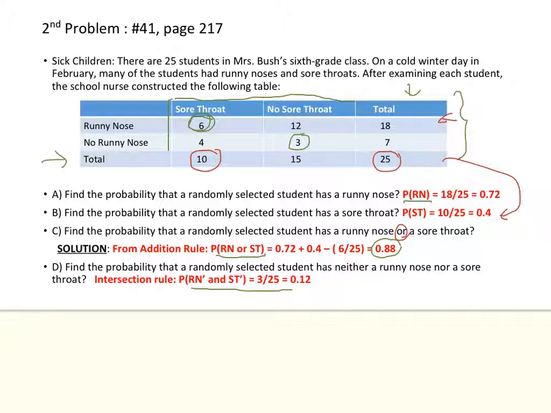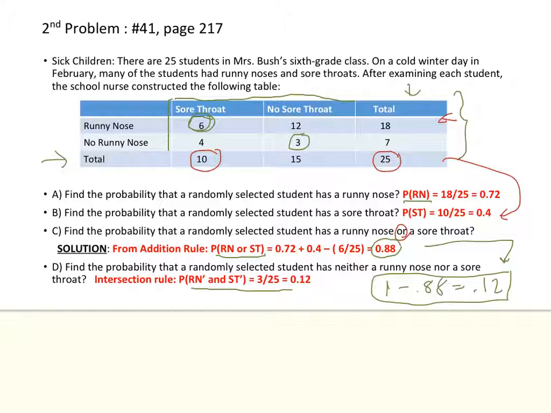Or it could be the complement of part C. So the complement is 1 minus 0.88, which is equal to 0.12. So either way will work. You can find the complement of the problem in part C, or you can find it using the intersection rule that we've shown you here with contingency tables.